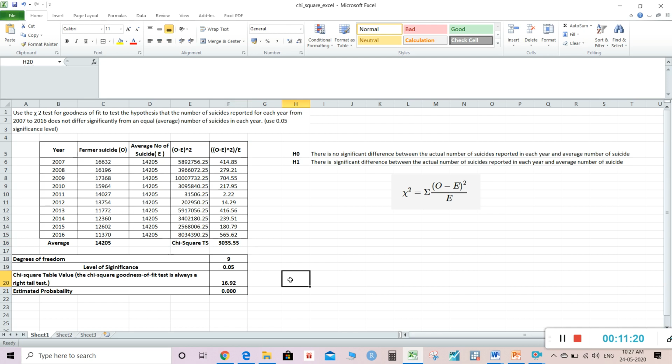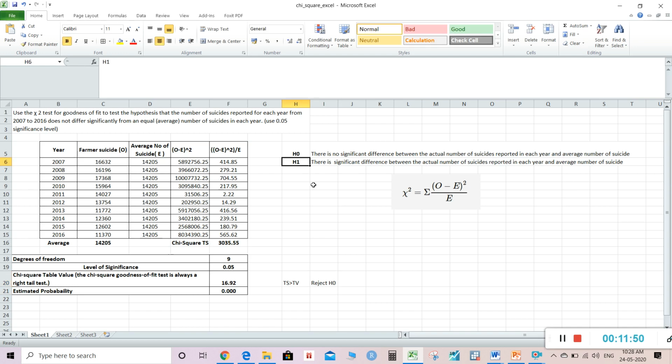So obviously your test statistic is greater than the table value, so you reject the null hypothesis that there is no significant difference between the actual number of suicides reported in each year and the average number of suicides.